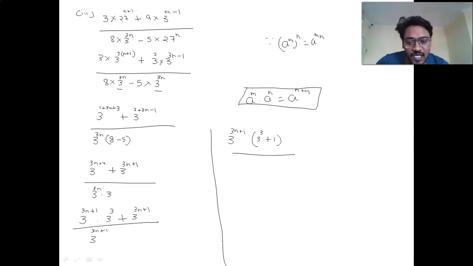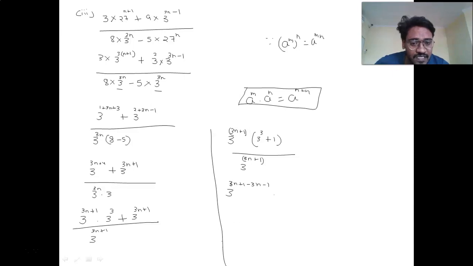Okay, and in the denominator, if you observe, this is the same 3n plus 1. Now students, see, if this power 3 raised to the power 3n plus 1 comes in the numerator, it will be of negative sign, because they are the same power. See, it will become negative, so it's going to be minus 3n minus 1.